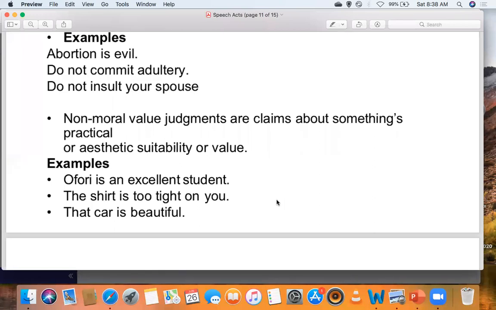That car is beautiful. Beauty is an aesthetic value. So we have aesthetic values, which have to do with something being beautiful or ugly. And then apart from aesthetic values, we have practical values, or I would rather call them utility values. Utility values include values like durability, reliability, efficiency, productivity.